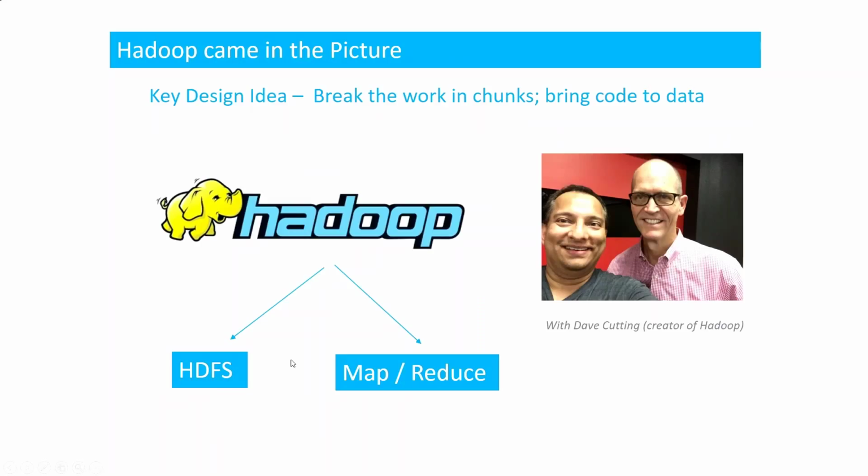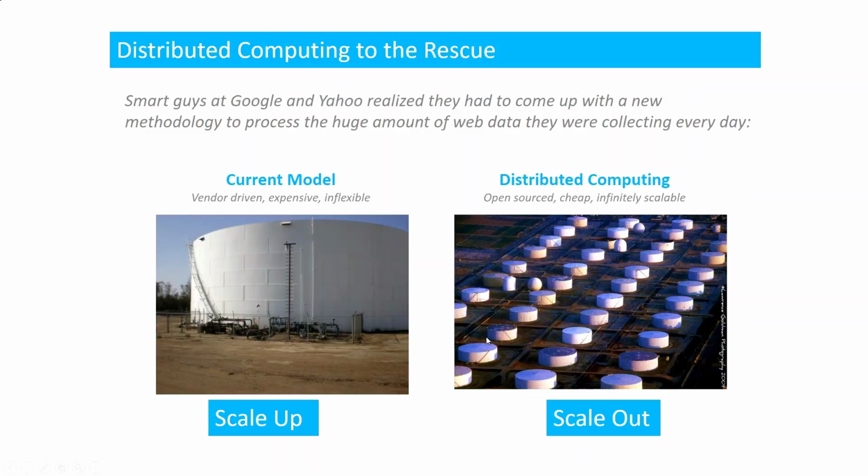When you talk about Hadoop, there are always two parts to it, right? One is HDFS, the storage, the Hadoop Distributed File System. You can see the server farm as HDFS.